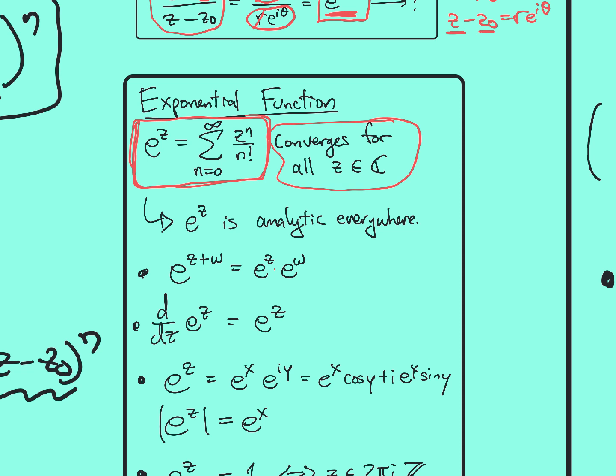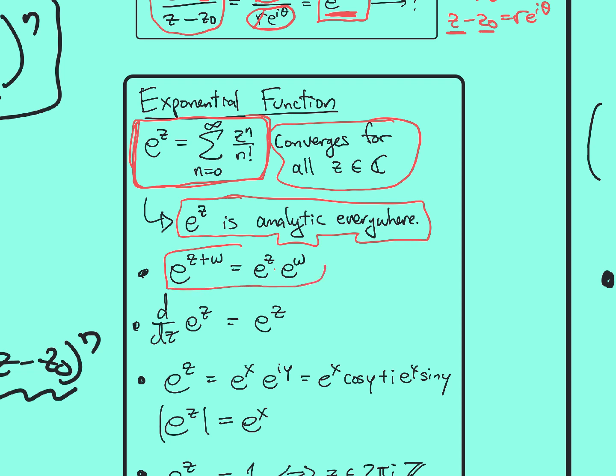Again, we haven't proven that having a power series representation implies that it has power series representations at other points, but it will be true based off of theorems we present later. But it turns out you can use this to show that e to the z is analytic everywhere.